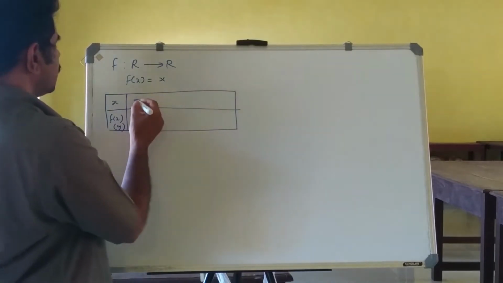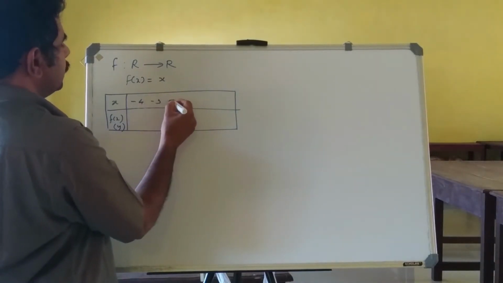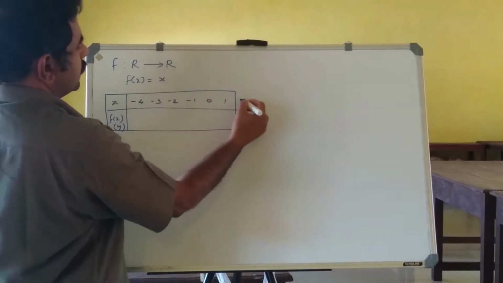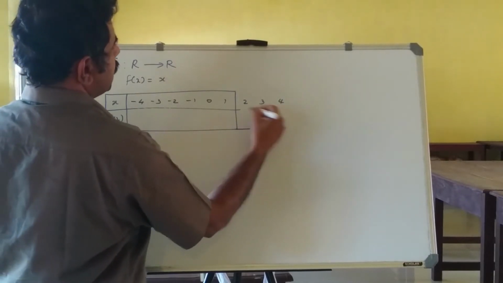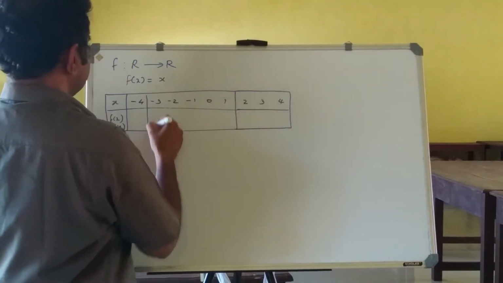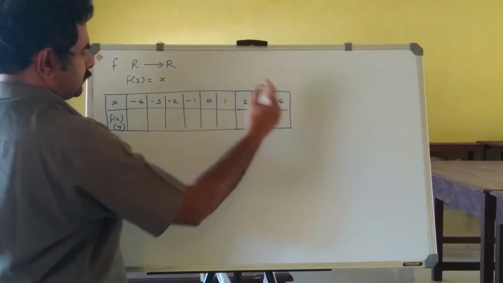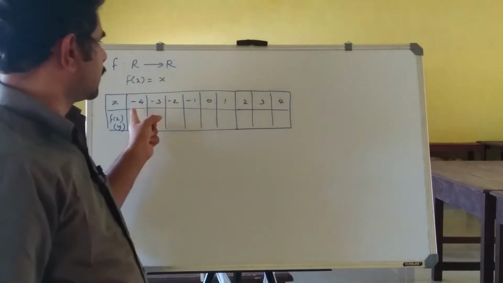Let us take minus 4, minus 3, minus 2, minus 1, 0, 1, 2, 3, 4. These are values taken from real numbers. This is arbitrary, this is our choice. Now I have chosen numbers from minus 4 to plus 4.